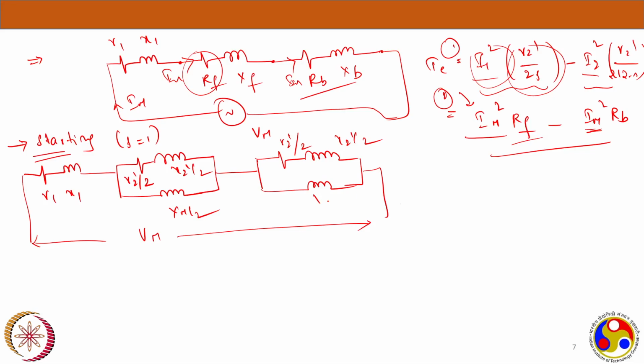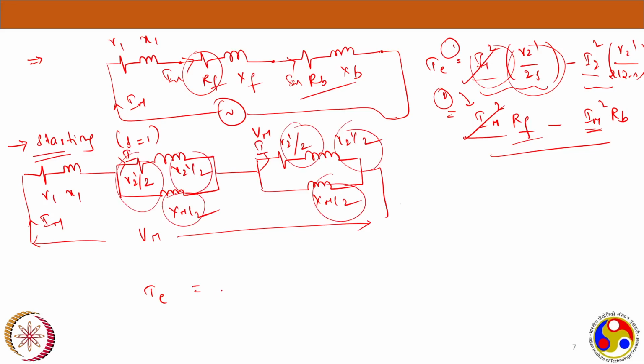Now see the torque equation and tell me the current flowing through it. In this equation you have I1 with R2 dash by 2S and I2 with R2 dash by 2 into 2 minus S. Now I1 and I2 will be the same or not? If you see R2 dash by 2, X2 dash by 2 and XM by 2, it is the same parallel branch. Here also R2 dash by 2, X2 dash by 2 and XM by 2, same. So IF and IB will be equal to I, right? Both are the same.